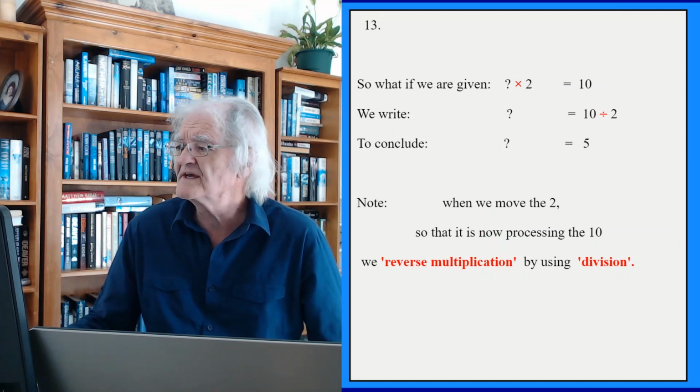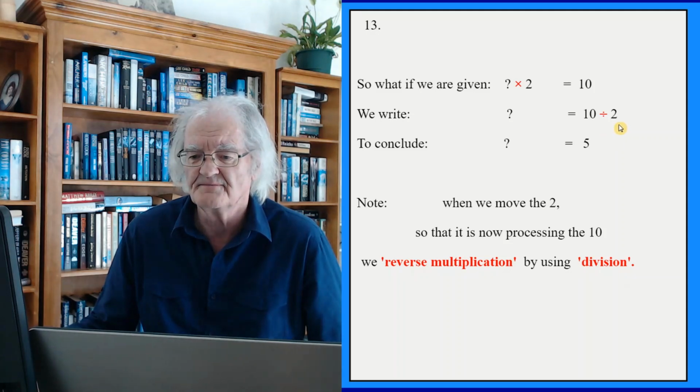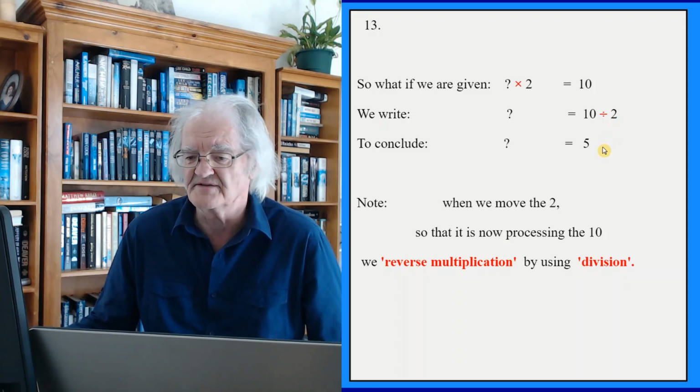So what if we're given a missing number is doubled to give 10? We would write the missing number is 10 divided by 2. And we would conclude the missing number was 5. We have used a number given in the original statement, but its processing was reversed in order to generate the conclusion.